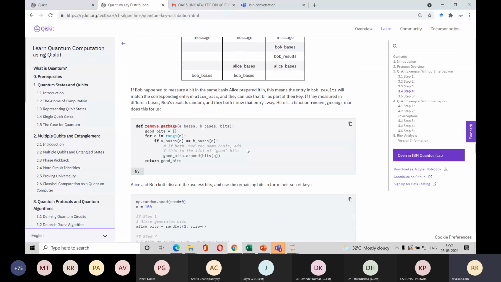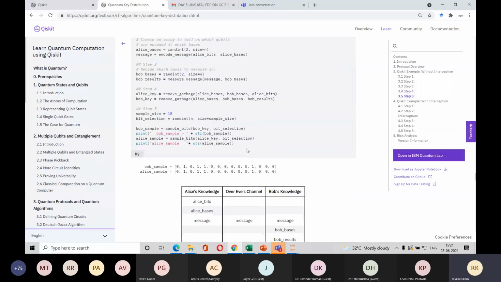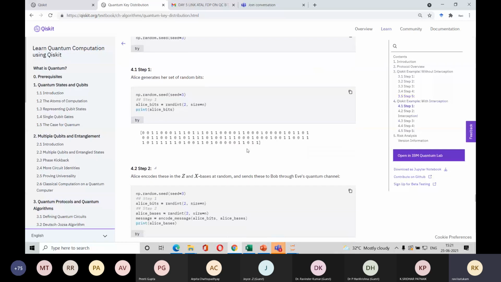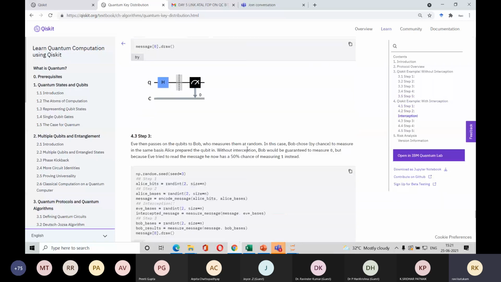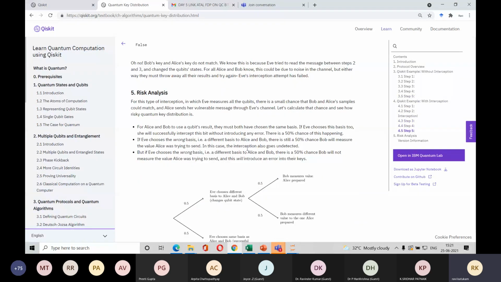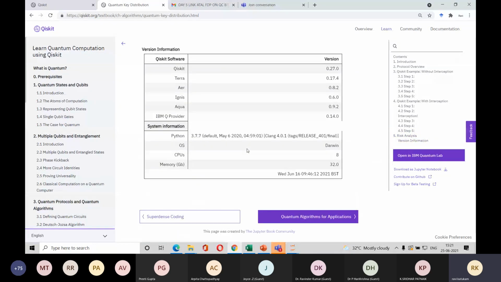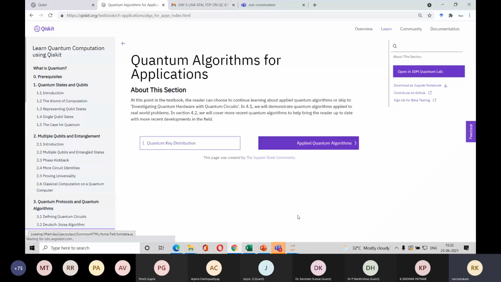Most of this communication today, the way you saw China, and recently our ISRO also conducted quantum communication, deep inside uses some of these applications or protocols. So these are some real life applications I just wanted to introduce quickly.